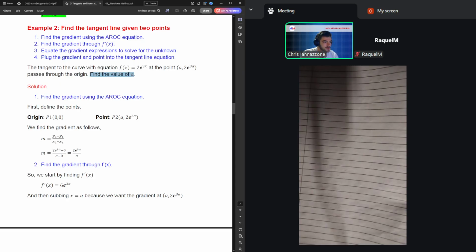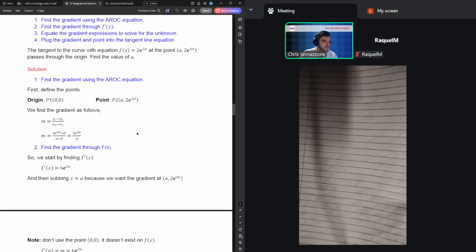And rather than our goal being to find the tangent line, we have to figure out what the value of a is going to be. So basically, we need to figure out how to get equations that have a in them. And because we're working with tangent-related information, doing differentiation or other gradient-related things is going to be helpful here.